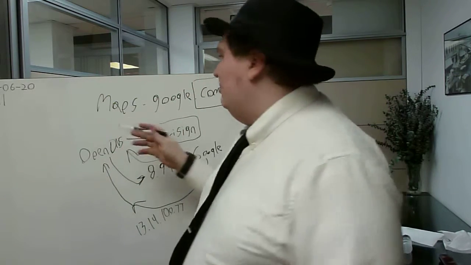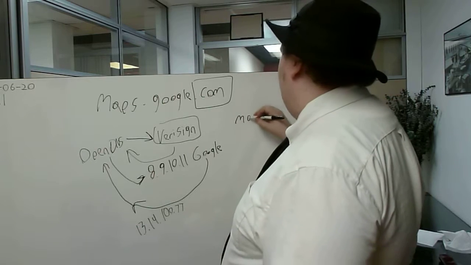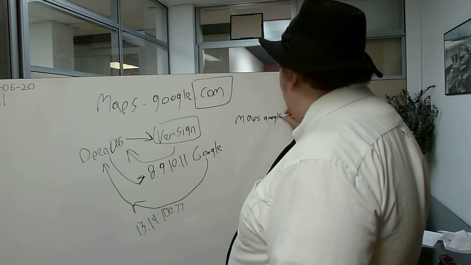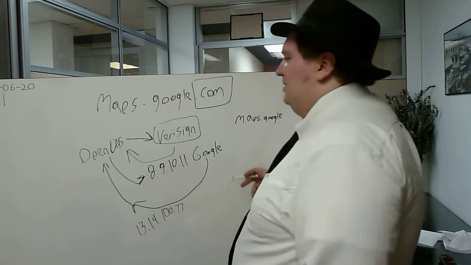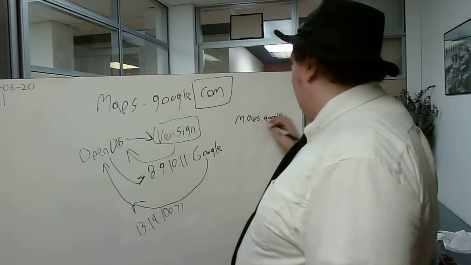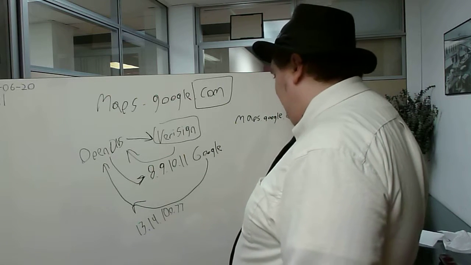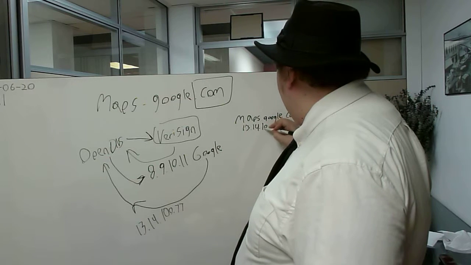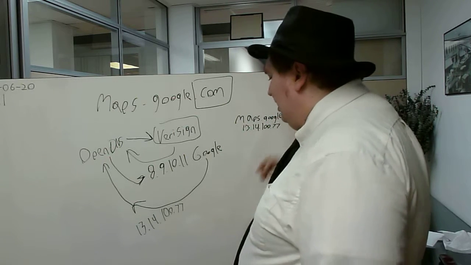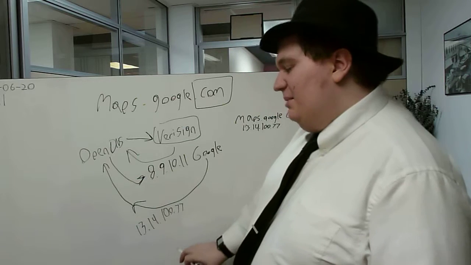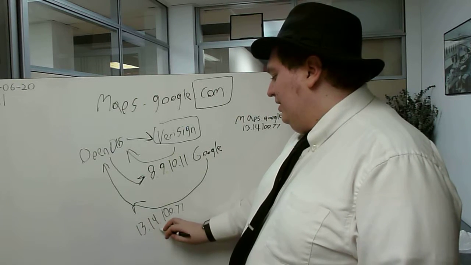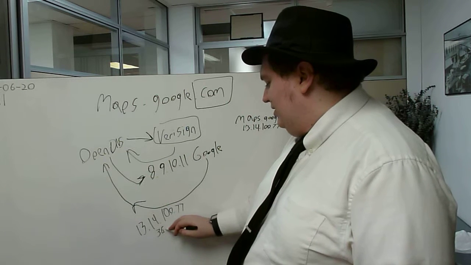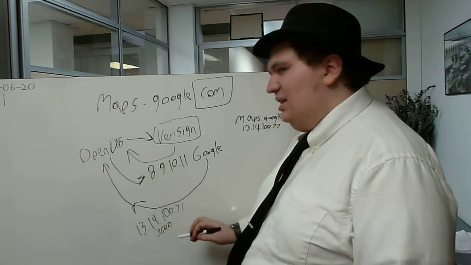OpenDNS remembers, okay, next time somebody asks me for maps.google.com, rather than go through that whole bonanza, I'm just going to say back that maps.google.com is at 13.14.100.77. And usually this response will come back with, that's good for the next like 3 hours, which I think is 3,600 seconds, or is that 6 hours?